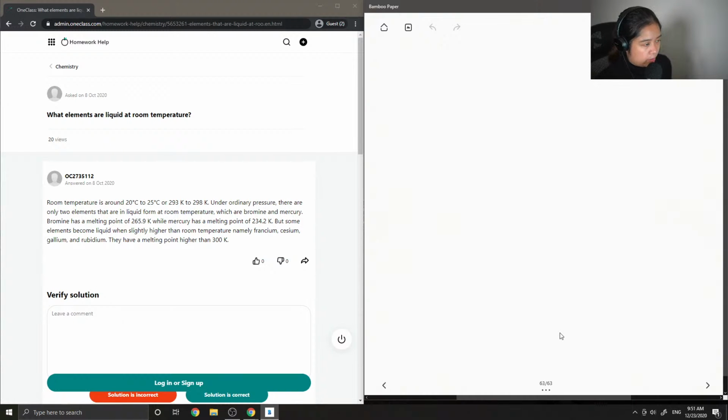Okay, so on to question number 2, which simply just asks what elements are liquid at room temperature. So there aren't a lot of elements that are liquid at room temperature. There are only two. So room temperature, like around 298 Kelvin or 25 degrees.